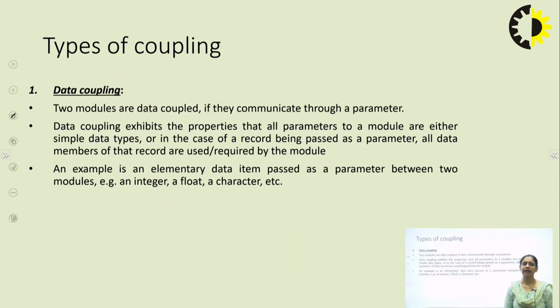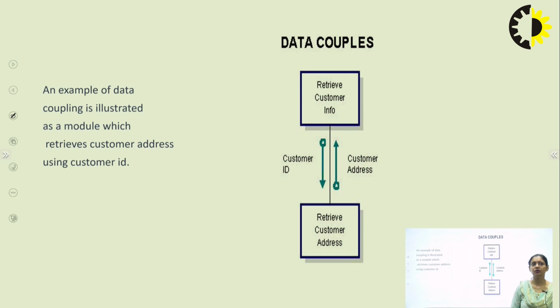Coming to the different types of coupling, the first type that we have is data coupling. Two modules are data coupled if they communicate through parameters. Communicating through parameters means, suppose I have two modules, this is module 1 and this is module 2. Module 1 is there to retrieve the customer's information, and module 2 retrieves the customer's address.